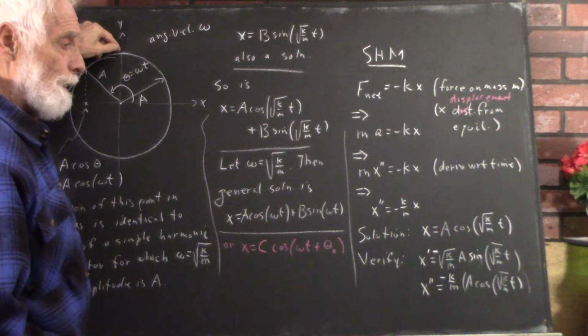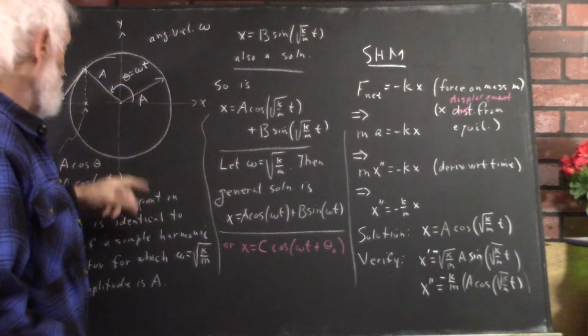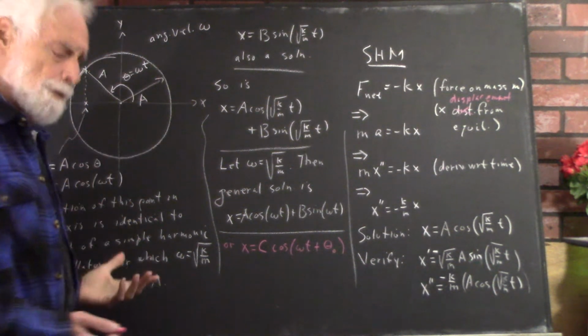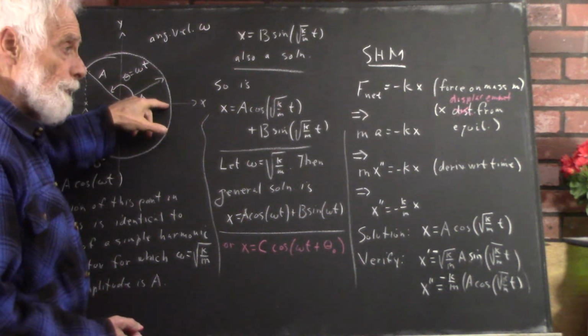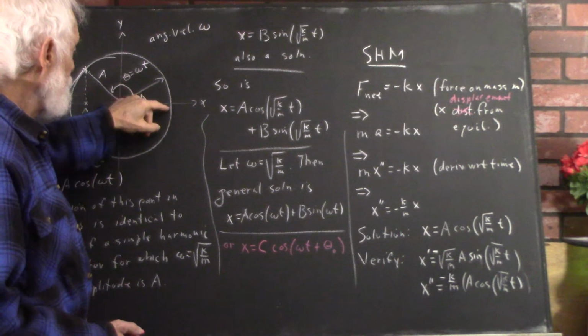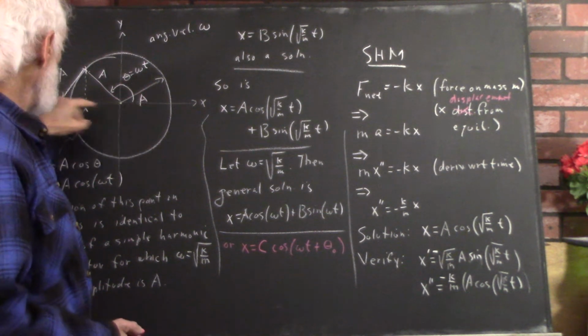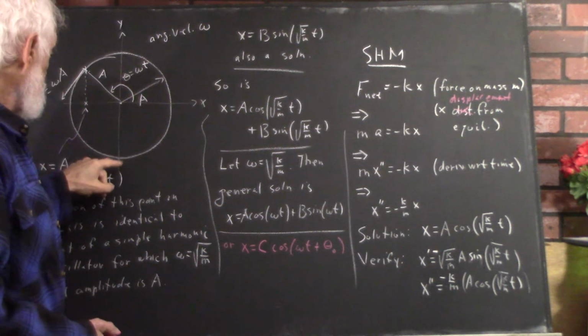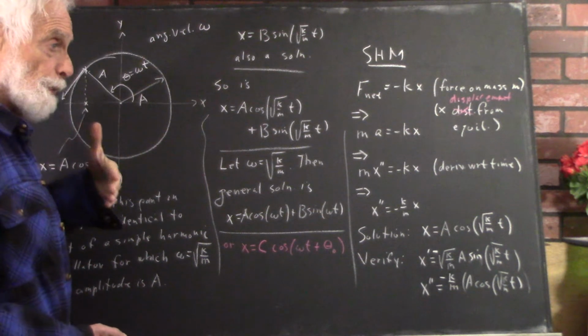When you're near the y-axis, of course, almost all the motion is in the x direction, so now x is changing more rapidly. So x changes slowly if you're close to this position or this position, and it changes quickly if you're close to this position or this position. That's exactly what a pendulum does.